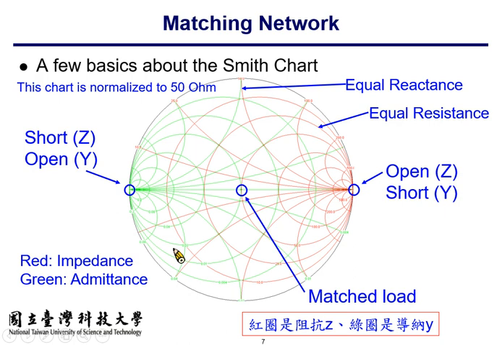On the right-hand side, if you are looking at a Z chart, it represents an open termination. On the other hand, if you are looking at a Y chart, then the open and short circuit positions will be interchanged.